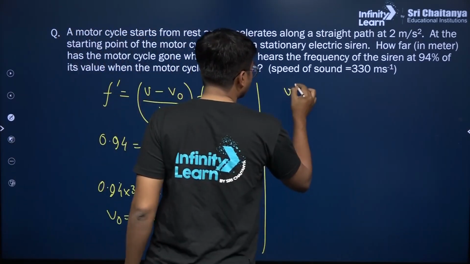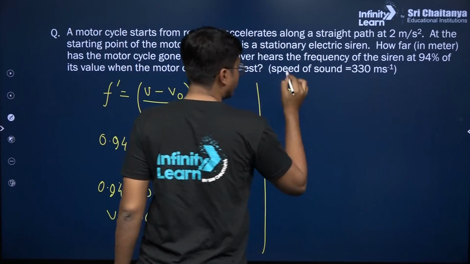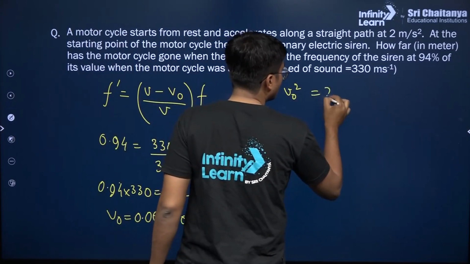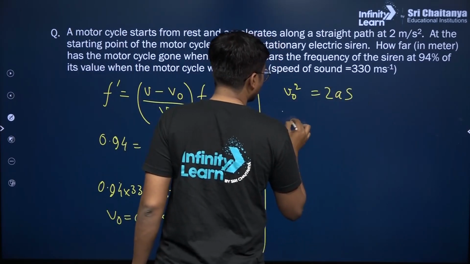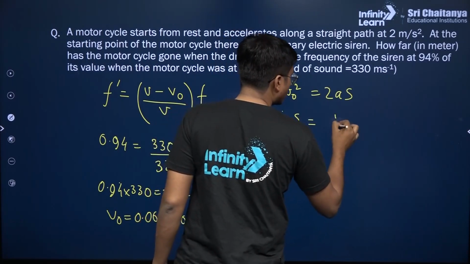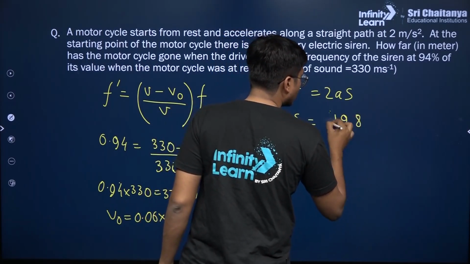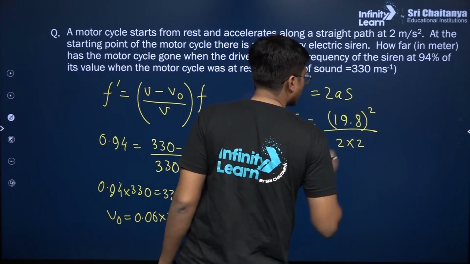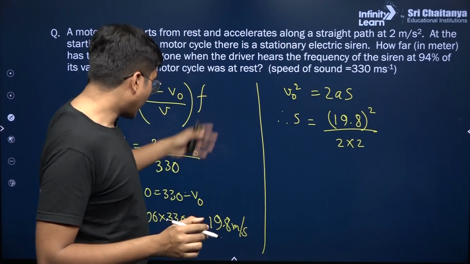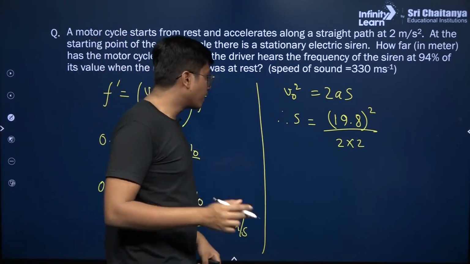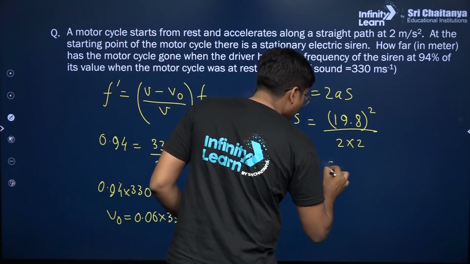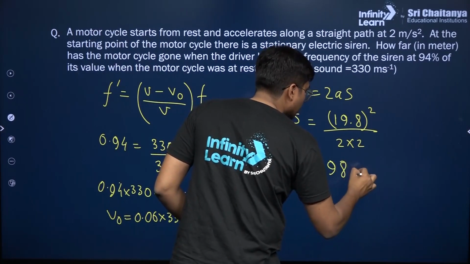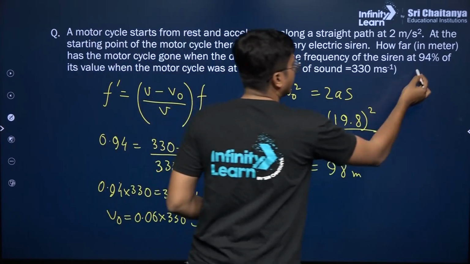So it's just v naught square is equal to 2as. So s is equal to v naught square, that is 19.8 square divided by 2 into 2. So if you calculate, you would get the value of s as 98 meters. So your answer for this is 98.